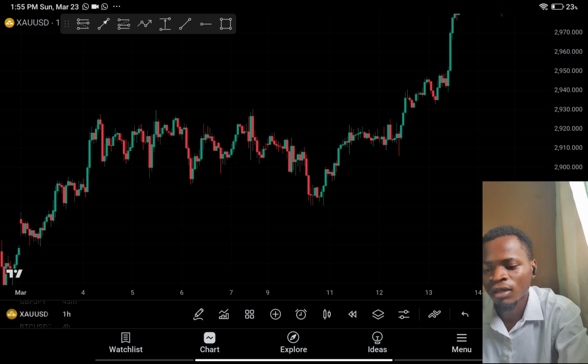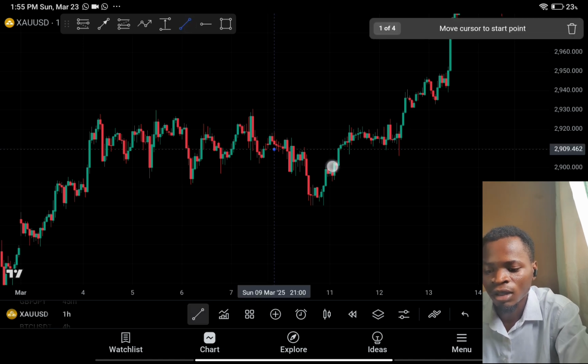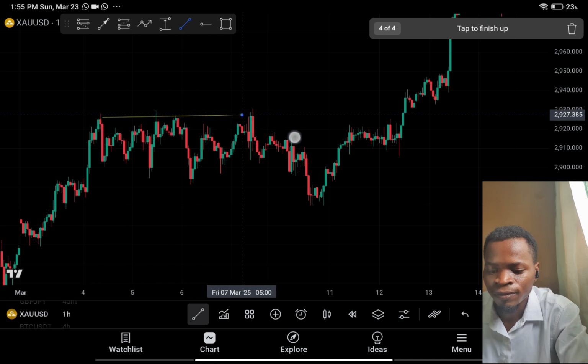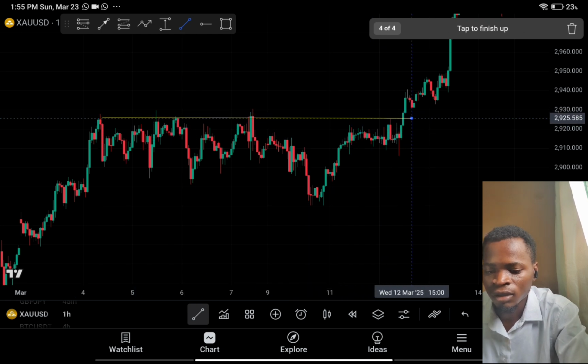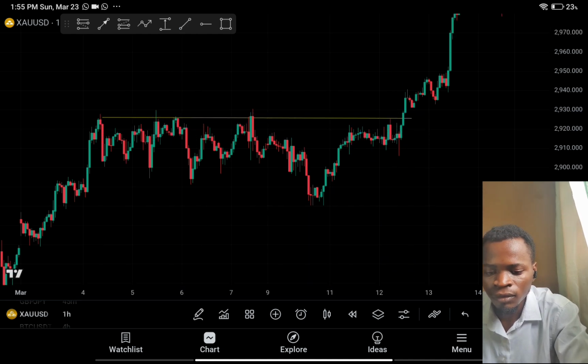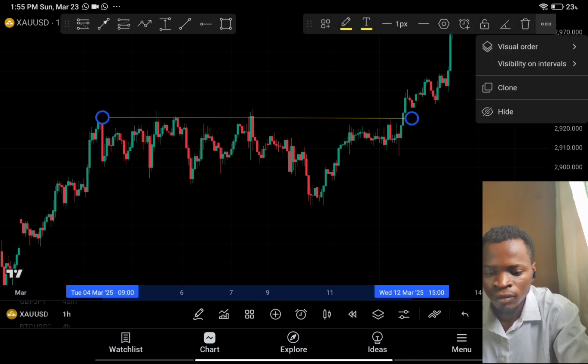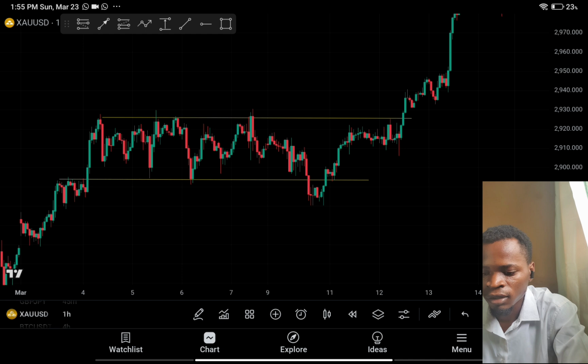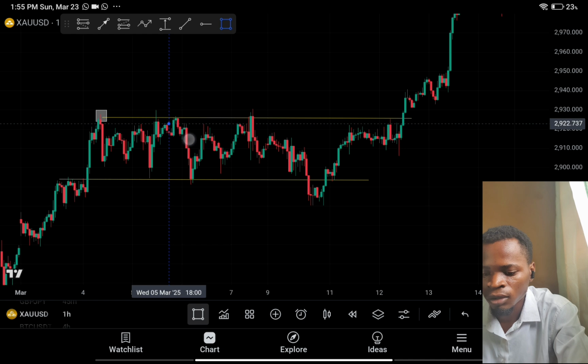And also look at this, the sideways trend I'm talking about. I told you guys. You see, this is a sideways trend. Price came here, made the first touch, came here again, made the second touch.